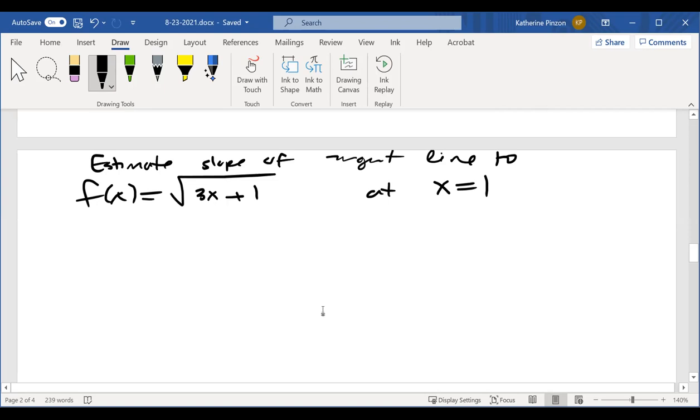It's not necessary to graph that function, but I'm going to start by graphing the function to see what it looks like at x equals 1. Do I expect my answer to be a positive number, a negative number? Do I expect it to be a big number or a small number? So I'm going to begin by graphing that function, square root of 3x plus 1, and look at what happens near x equals 1.